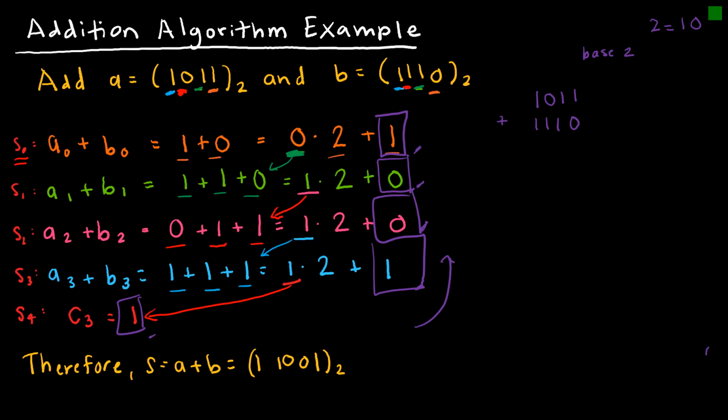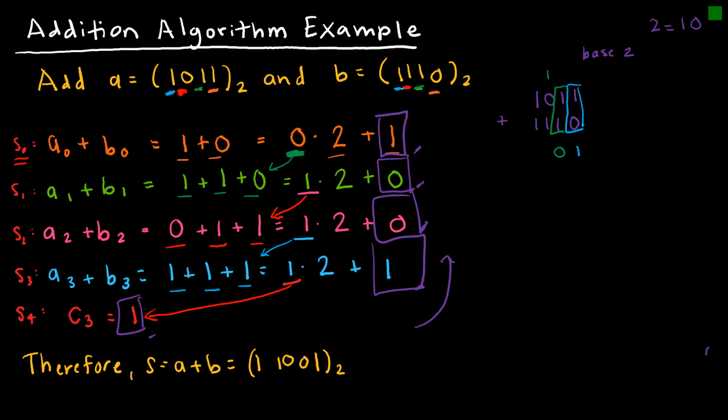So let's take a look at this. I'm going to take 1 plus 0, and that gives me 1. So no carry on that one, I don't have to worry about it. Here I get 1 plus 1, which is 2, and 2, remember, is equal to 1 0 in binary, and so I'm going to put the 0 here and carry the 1.